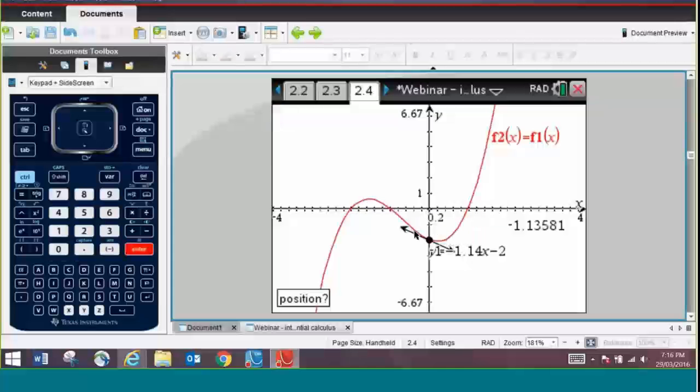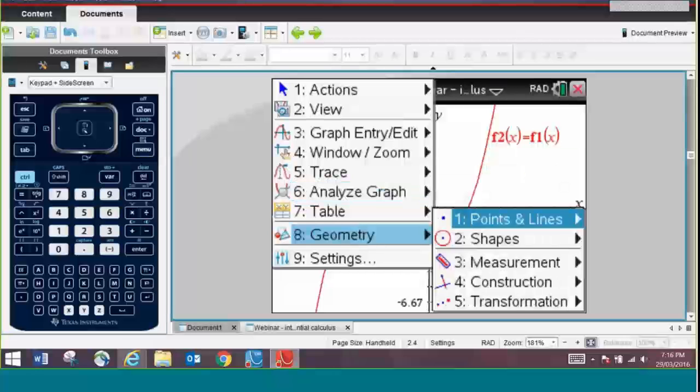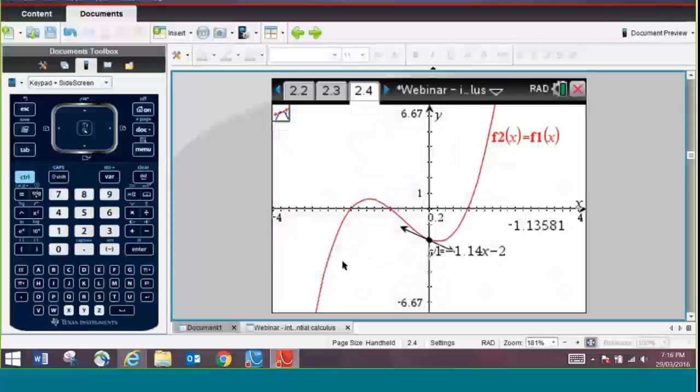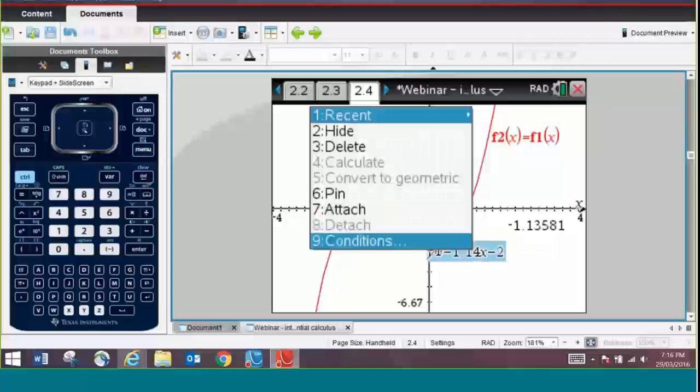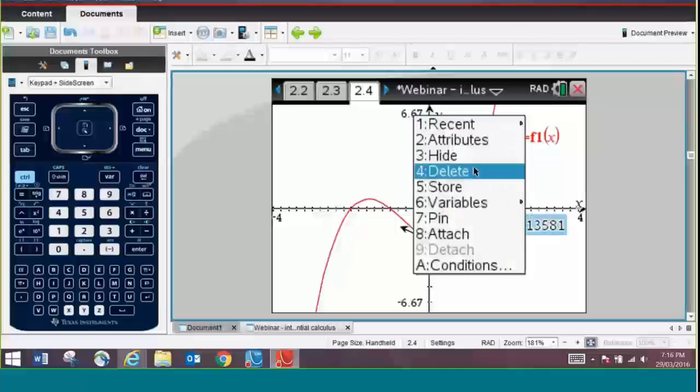There's 0. There it is. I think I've just clicked on the same point. You can always just delete your equation there. There we go. Delete. There we are.